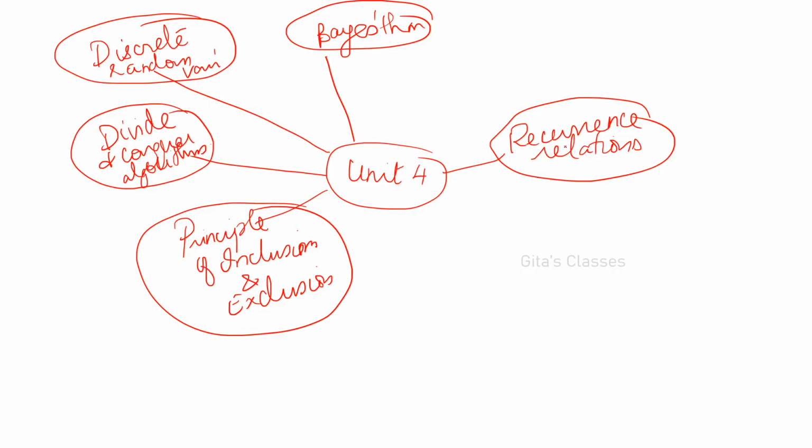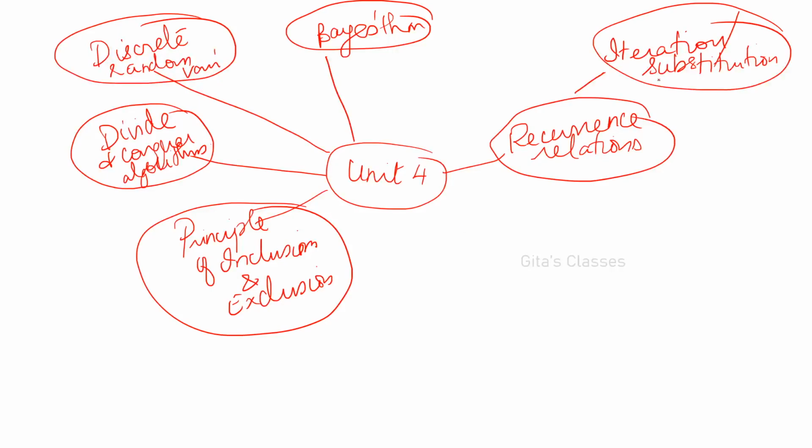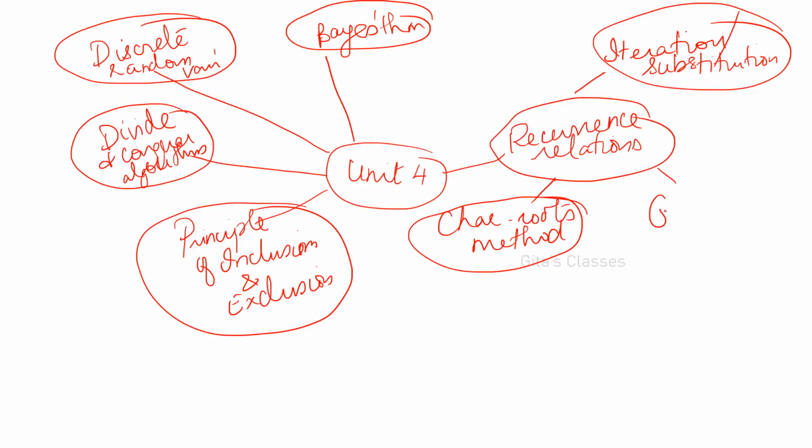Here in how to solve the recurrence relation, we have seen different methods. One is iteration method, also called substitution method. Another one is characteristic roots method. And we have generating function method.